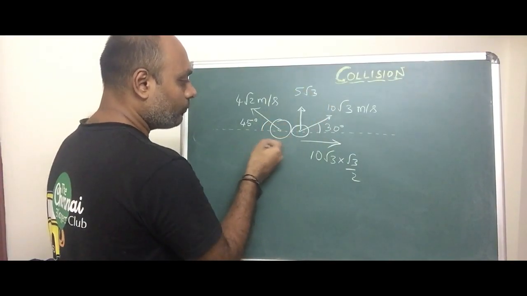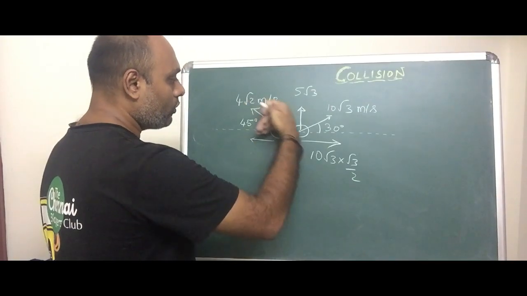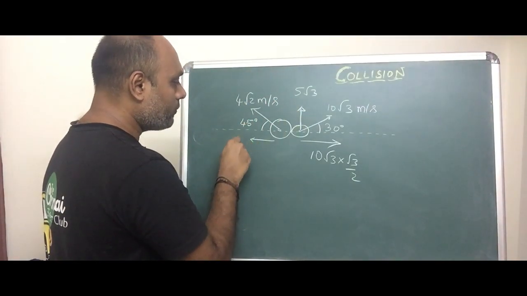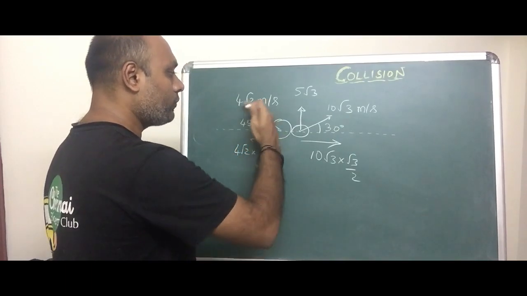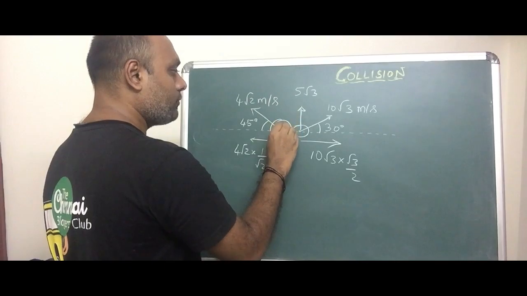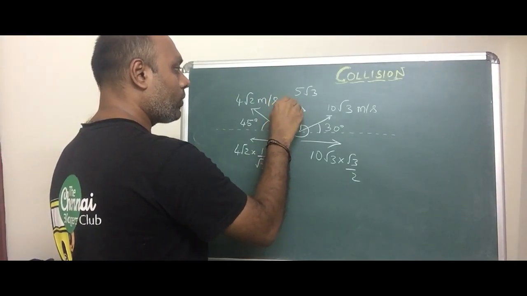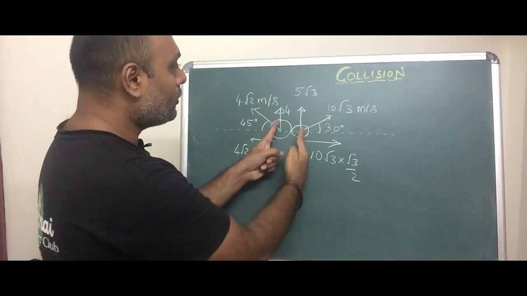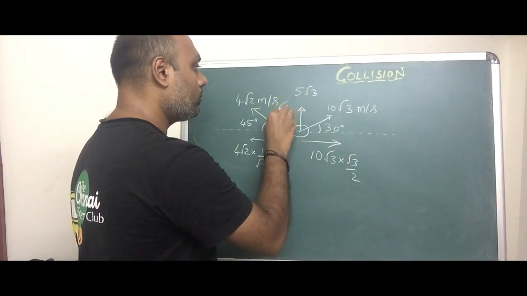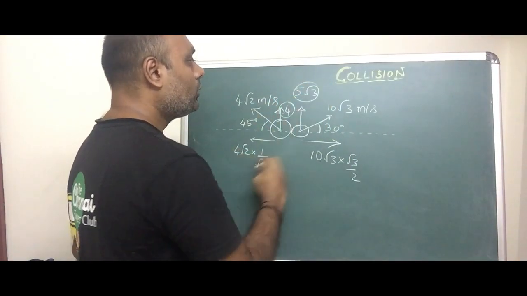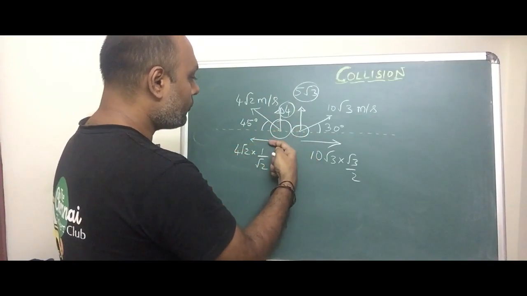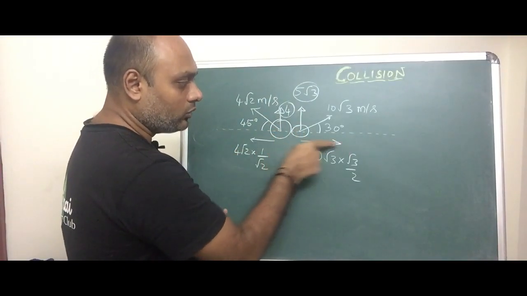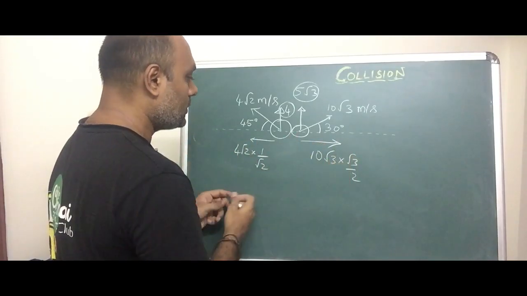Similarly for the other object, this component over here will be 4 root 2 cos 45, which will be 4 root 2 into 1 by root 2. Similarly, this will be 4 root 2 sin 45, which is going to be 4. Now clearly note that these components, 4 and 5 root 3, will not cause any separation between these two. It is 4 root 2 into 1 by root 2 and 10 root 3 into root 3 by 2 which will cause the separation.